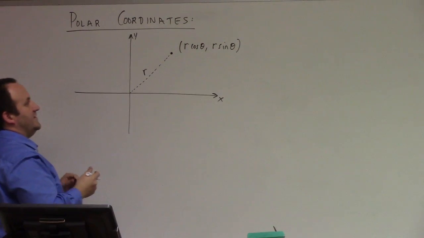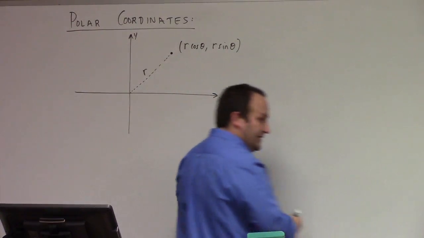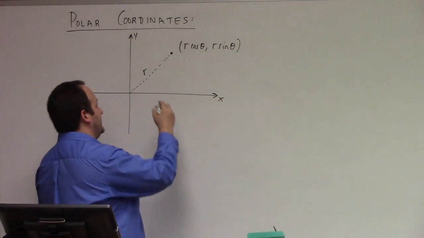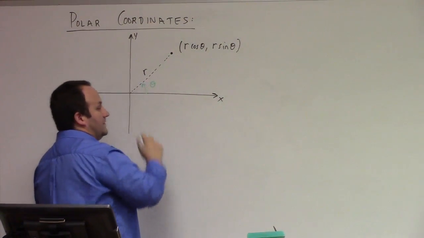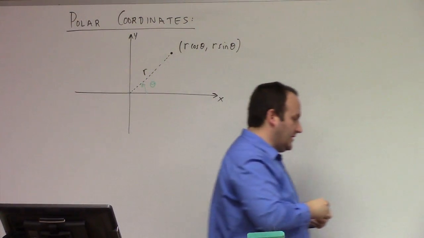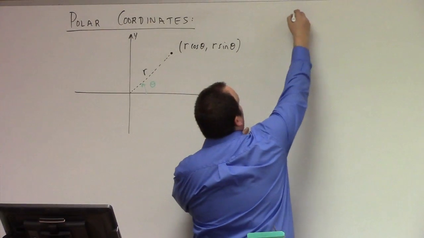That still makes sense whether we're in the first quadrant, second, third, or fourth, because sine and cosine are arranged to give you the signs that you want, as long as you use theta, the counterclockwise oriented standard angle. So we have some fundamental equations right here.